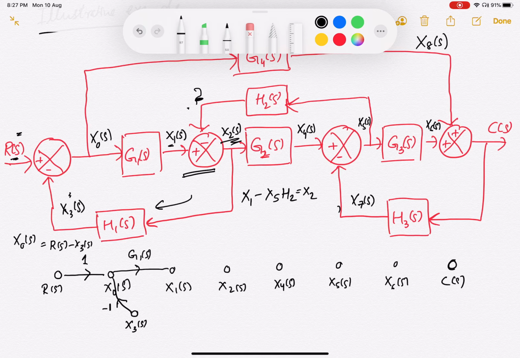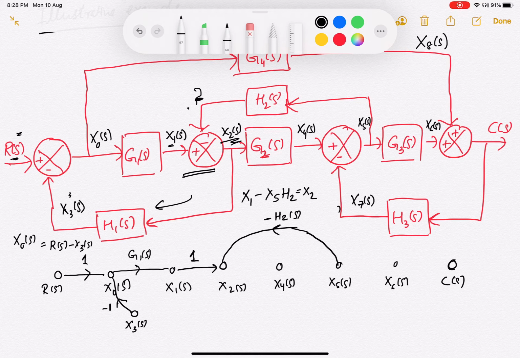So I have this X5. I have to multiply this with minus H2, sorry, I have to multiply it with minus H2S, right? So once I do that, and then I multiply X1S with 1, I get X2S.